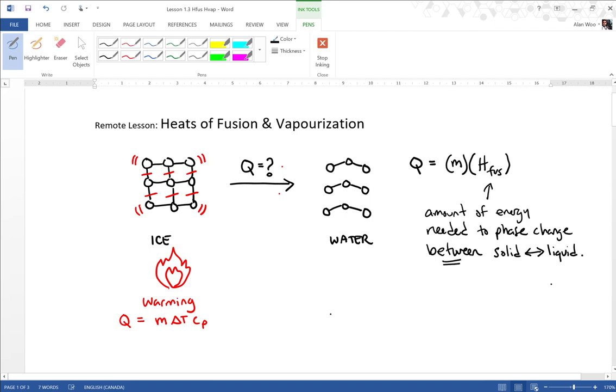Whenever you're going between a solid and liquid or liquid and solid, you're always going to use heat of fusion. So for water, H of fusion equals plus or minus 334 joules per gram, because it's based on mass. And that's only for water.